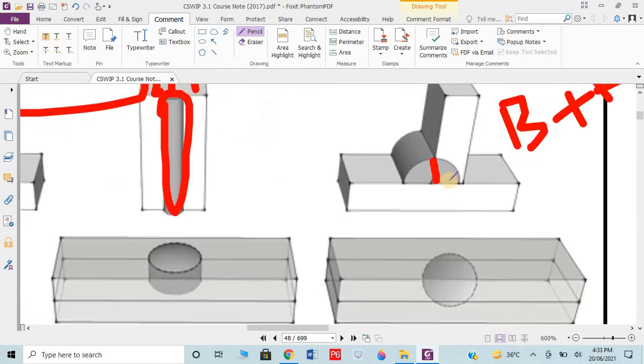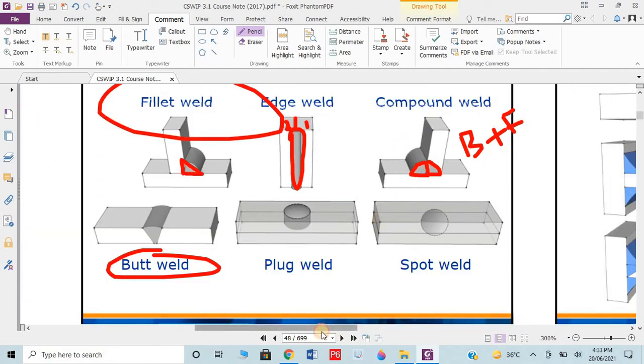So what is butt weld? As we studied, butt weld is in between the plates. Whatever welding we do there is known as butt weld. You can see here, this portion is the butt weld, but that portion is fillet weld. The combination of butt and fillet is known as compound welding.